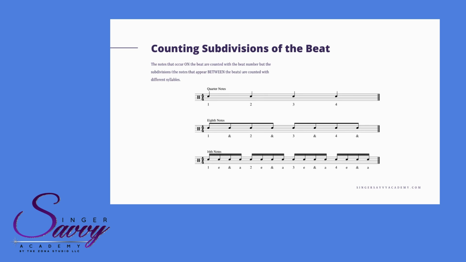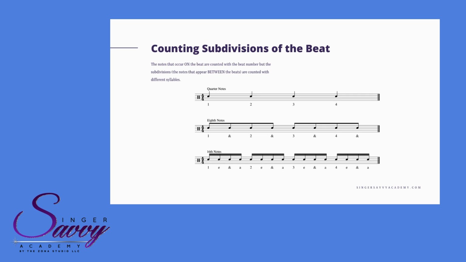Now, something that I want you to notice is that the distance between each of the beats is exactly the same, no matter whether you are clapping quarter notes or you are clapping eighth notes. Okay. The distance between 1 and 2 doesn't change. 1, 2, 3, 4, right?